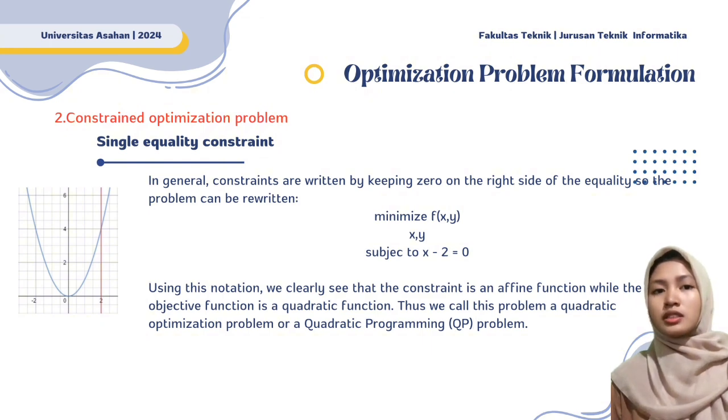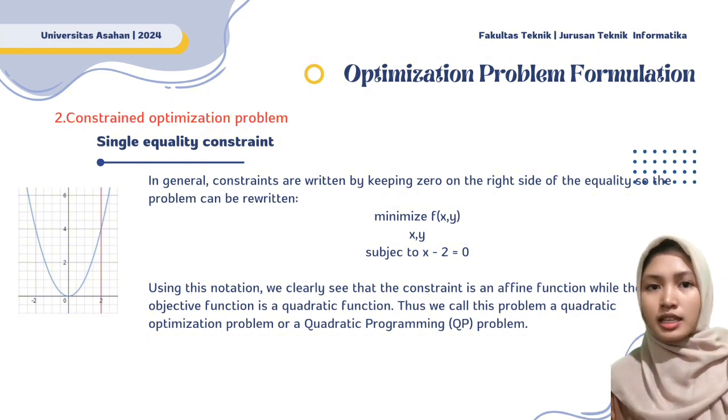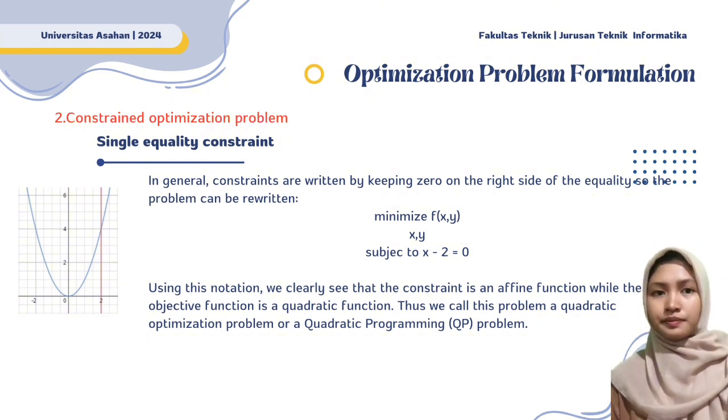Using this notation, we clearly see that the constraint is an affine function, while the objective function f is a quadratic function.